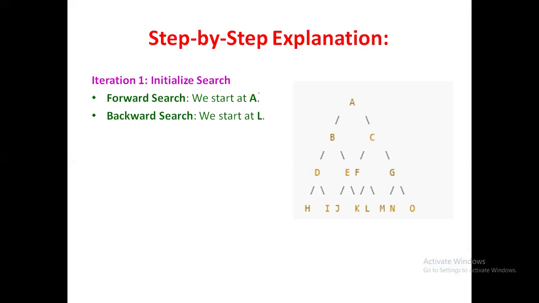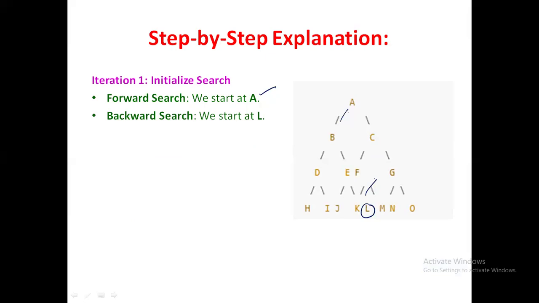Forward search begins at node A, backward search begins at node L. Each search starts with only one node in its respective frontier. Since the two searches have not yet met, the next step is to explore the neighbors of these nodes. So this is the starting point, and they are not meeting.